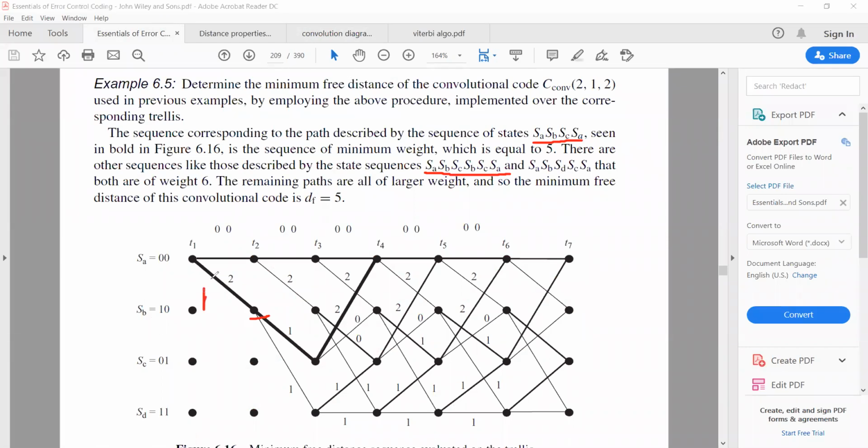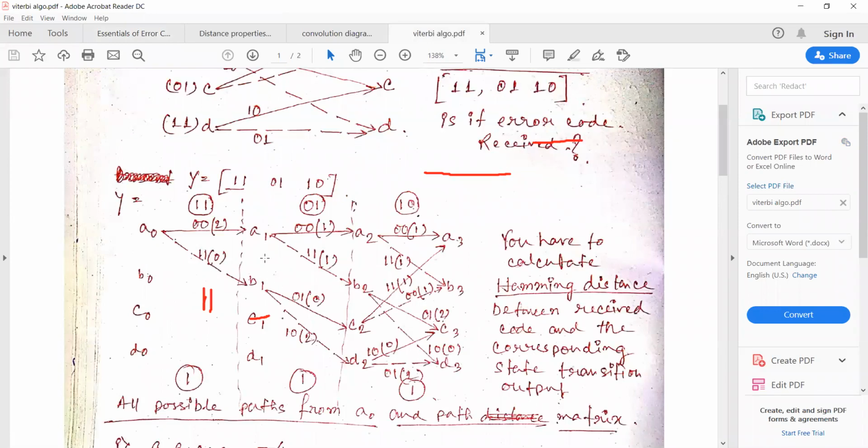So this is 1 and this is 1, because every time I have written all the corresponding outputs above the transition directional lines, like this. From this we can see that this is 11, this is 00. So these are all the outputs of the transitions, okay.